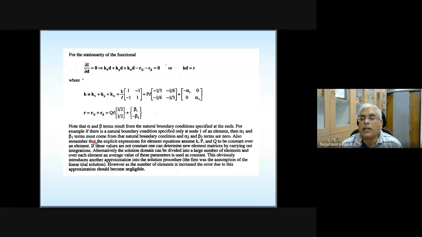Also remember that the explicit expressions for element equations assume k, p, q to be constant over an element. If these values are not constant, one can determine new element matrices by carrying out numerical integrations.